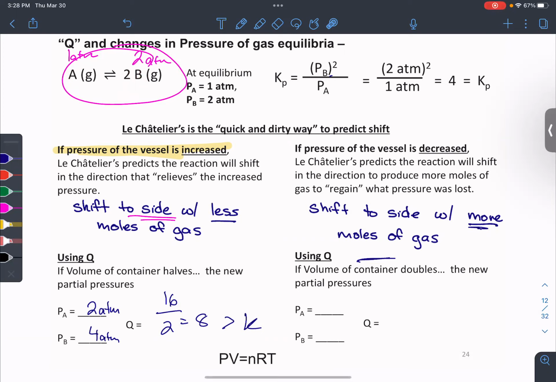And you can do the calculation yourself, and I think you will calculate the new Q is smaller than K, and you'll get the same conclusion. But the quick and dirty way to do it is, whether you increase or decrease the moles of gas, like through volume compression or expansion, you'll shift to the side of the reaction that will fix what you messed up, essentially.